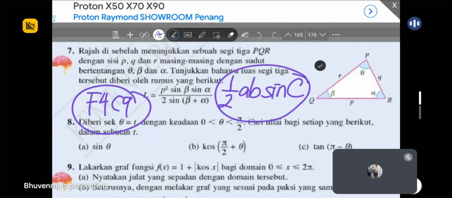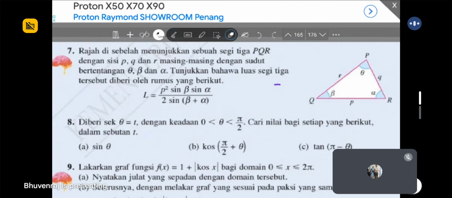But guys, over here, we can actually modify it a bit. We try to modify the formula. So how to modify? Let's say I have the length of R, and also Q, and I have theta. Suppose I have these three pieces of information over here.